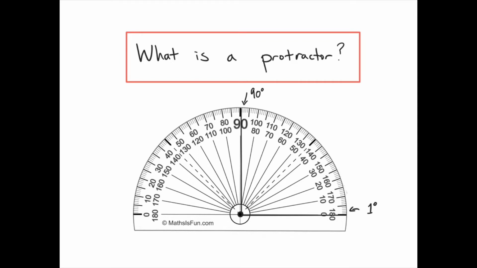And then as I go past 90 degrees, even though the number 80 is on here, since I have an obtuse angle, this angle is now 100 degrees, 110, 120, 130, 140, 150, 160, 170, and 180. So depending on where the second line falls is what the measurement of the angle is.